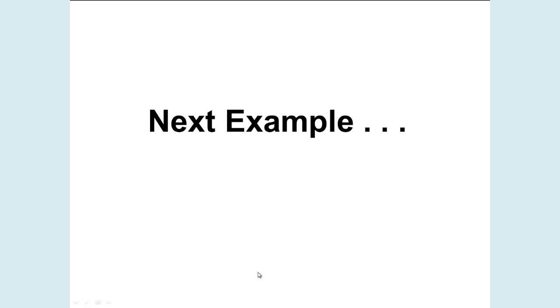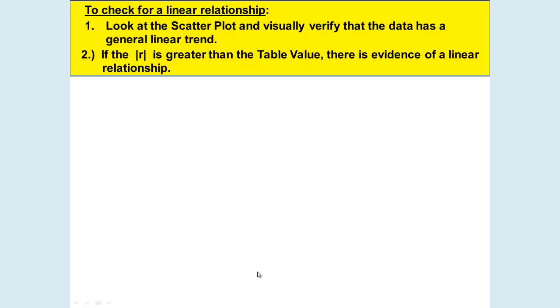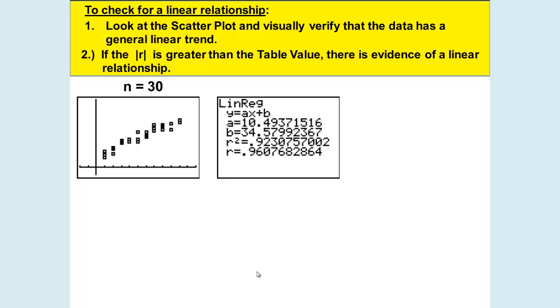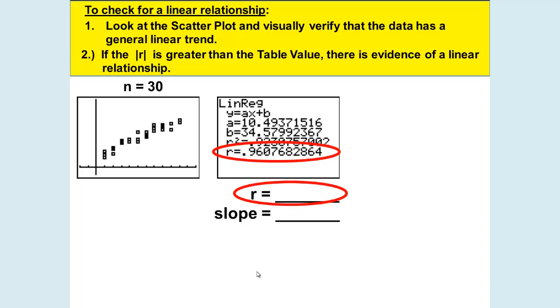Let's look at the next example. Again, remembering we're going to use the 2 steps to check for a linear relationship. Here is our screenshot of the graph. Here is the screenshot of the linear regression. What is our R? Well, our R is 0.9608.